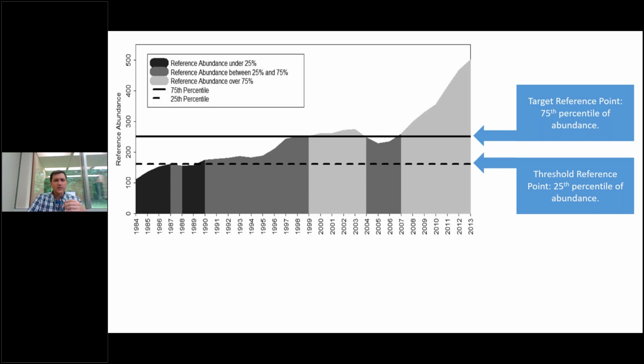For example, this calculation may be percentiles of historical abundance. So these values plotted here are simply the 25th and 75th percentiles of historical abundance estimates. If the population is above the 75th percentile, it's in good condition, and if it's below the 25th, it's in bad condition.